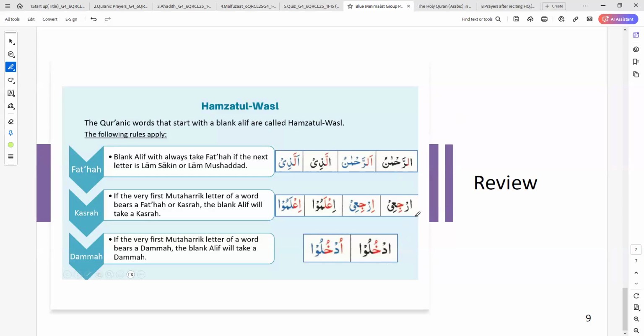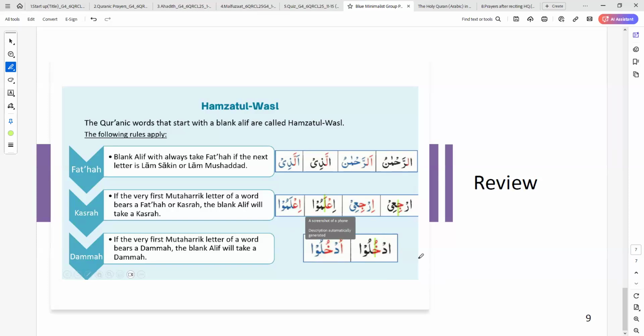And we also learned if a word is starting with a blank letter and its first mutaharrik letter is carrying a kasra stroke, or a fatha stroke, then blank alif will take kasra. And the third thing we learned, the dhamma rule. If a word is starting with a blank letter and its first mutaharrik letter is carrying a dhamma stroke, then alif will also take dhamma. So these words will be pronounced as ar-rahmanu, irji'i, and udkhulu. So this is the rule of Hamzatul-Wasl.